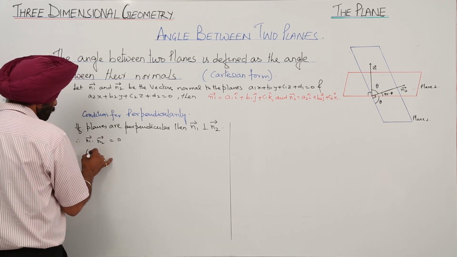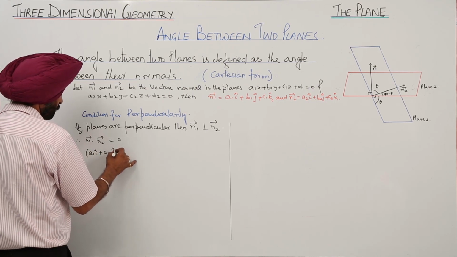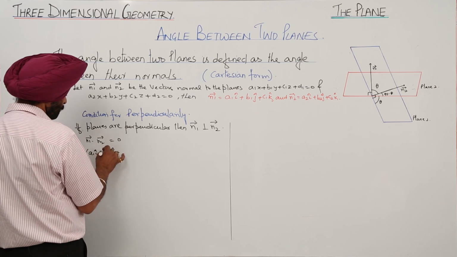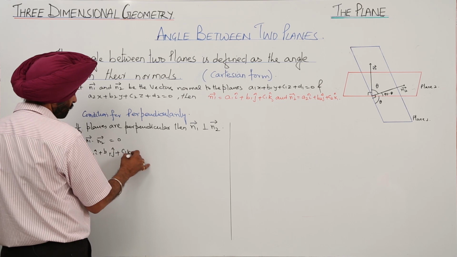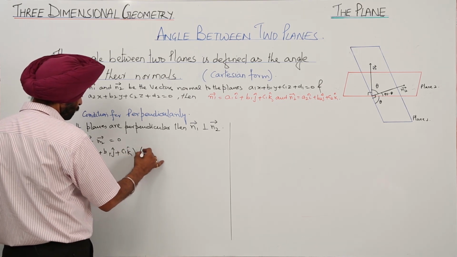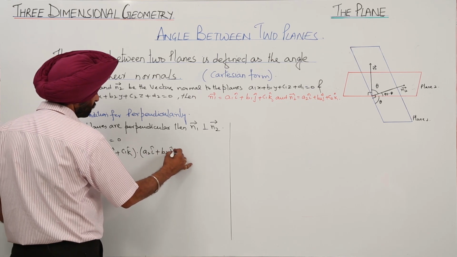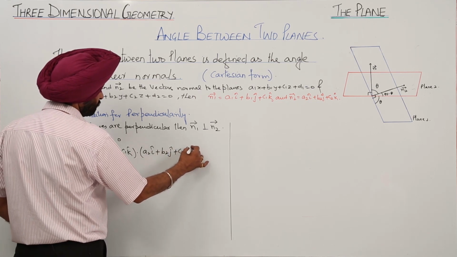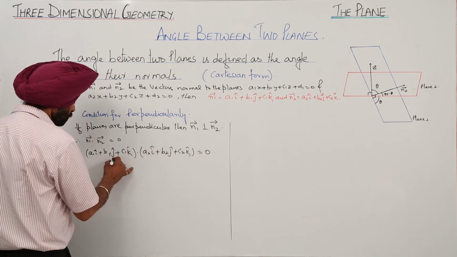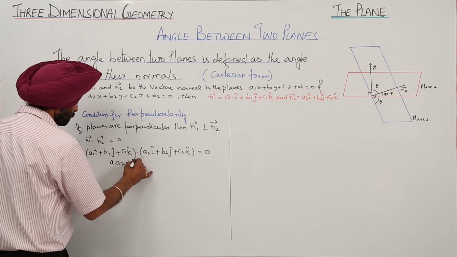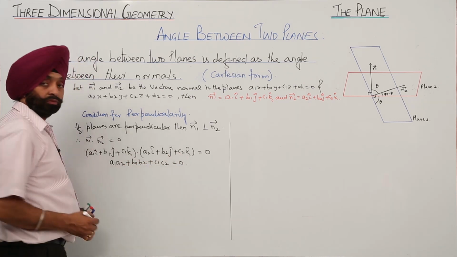Now n1 is a1 i cap plus b1 j cap plus c1 k cap, dot product with a2 i cap plus b2 j cap plus c2 k cap is equal to 0, or the dot product shows a1 a2 plus b1 b2 plus c1 c2 is equal to 0.